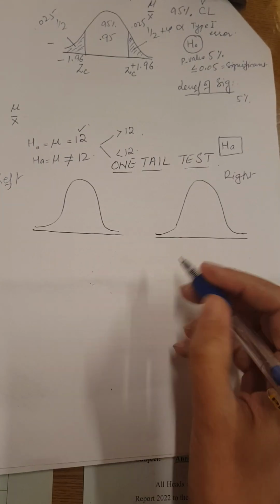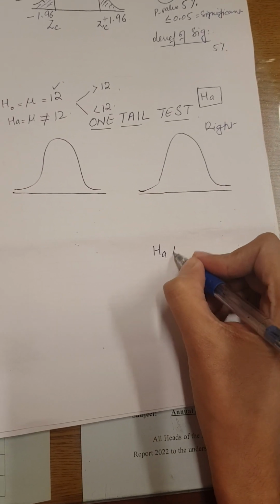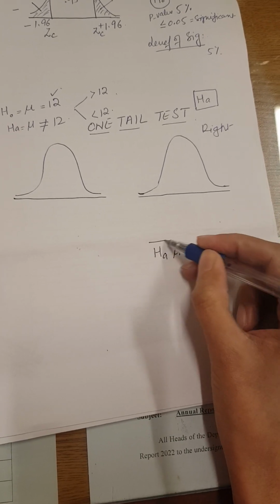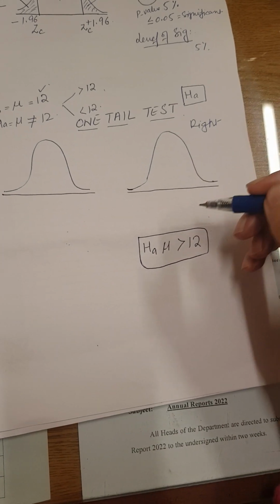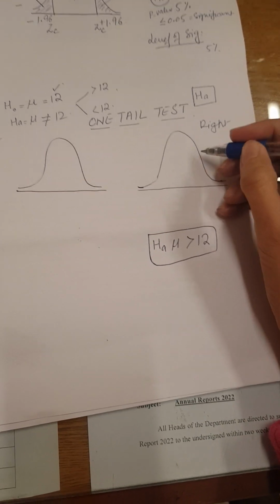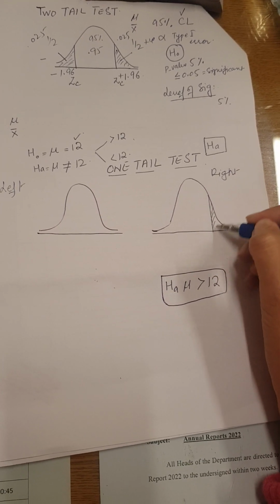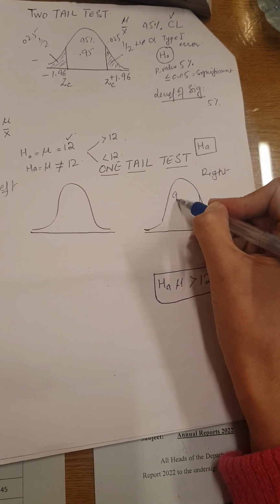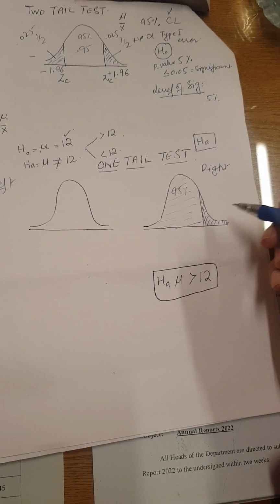When the alternate hypothesis is saying that mu is more than 12, that the value is more than the value of the null hypothesis, then the rejection area will always be on the right side here, and still we are working at 95% confidence level. So this is the 95%, this is all the acceptance area, and the 5% rejection area is here on the right side.